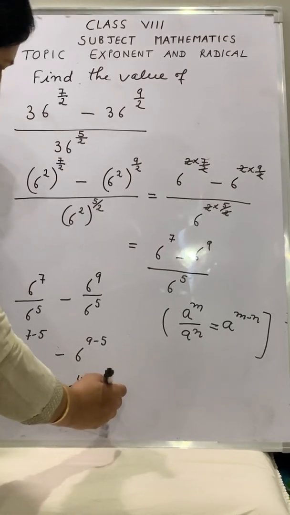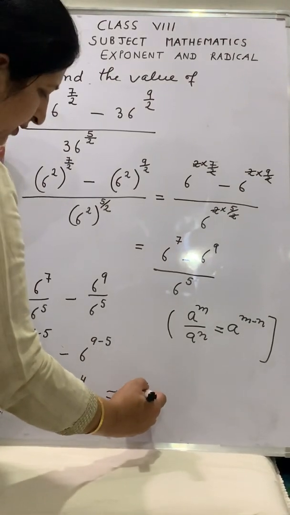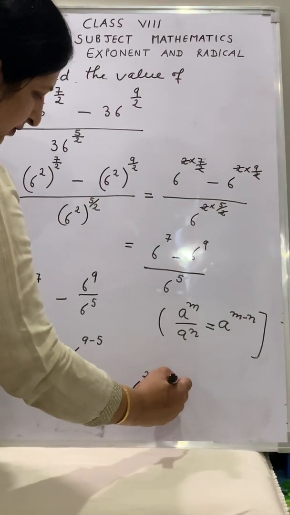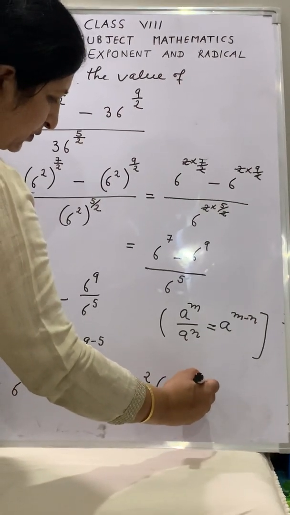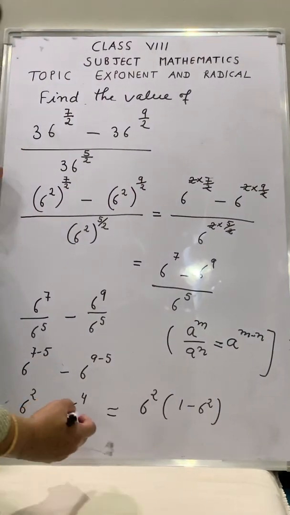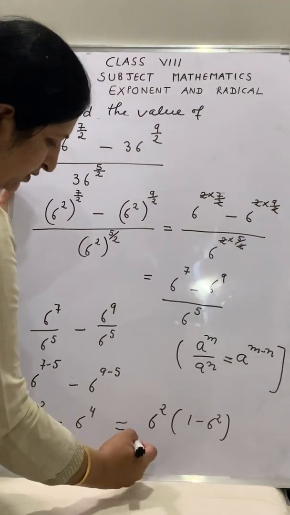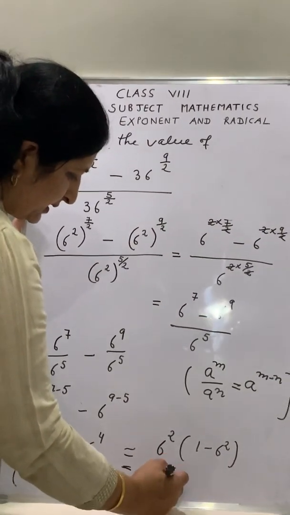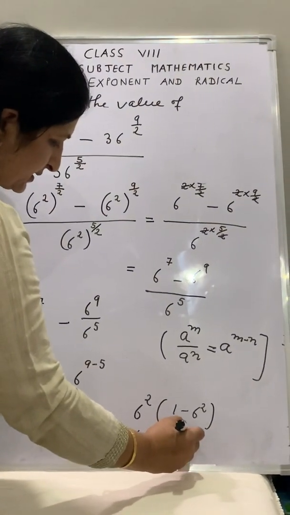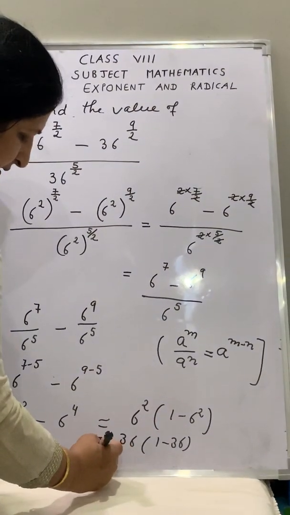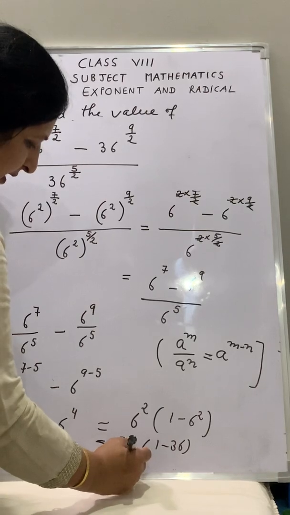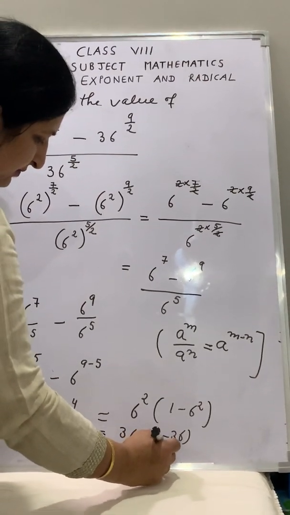Now we'll take 6 raised to power 2 as the common factor. 1 minus 6 raised to power 2. 6 raised to power 2 is 36, and 1 minus 36. 36 multiplied by minus 35.